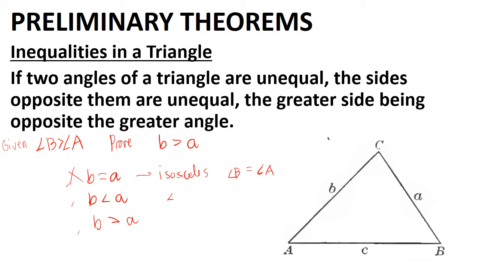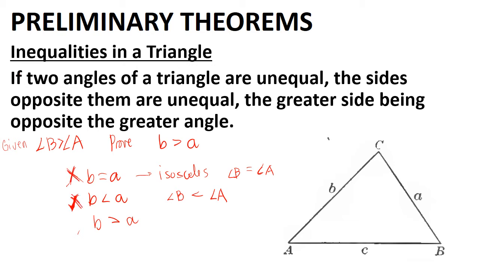Yung mas maliit na side, siya yung merong mas maliit na angle opposite them. And since binigyan tayo ng unequal sides for this, wherein si b ay mas maliit kay a, using the theorem before this one, dapat si angle B ay mas maliit din kay angle A. Diba? Kaso ang given, hindi. Si angle B ang mas malaki kay angle A.